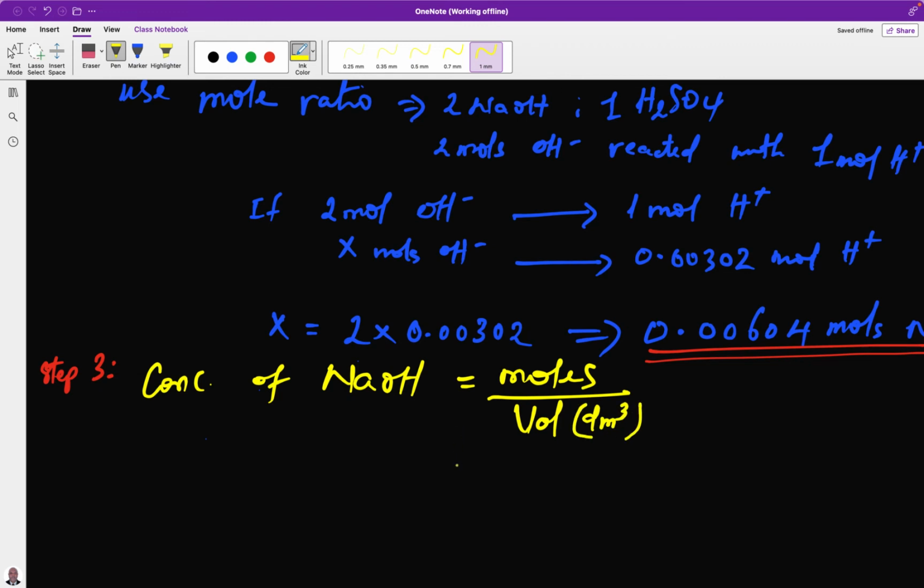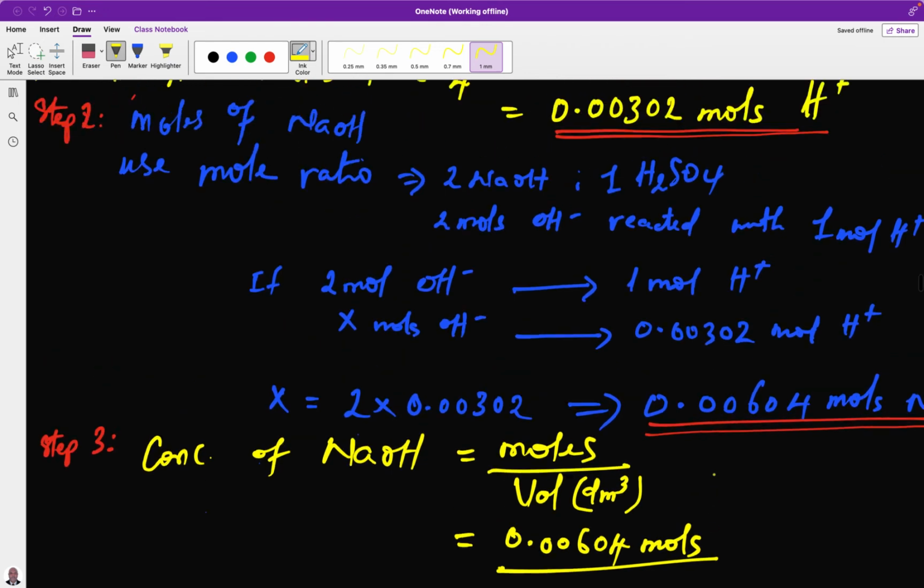The moles of sodium hydroxide that we just got here is 0.00604, divided by the volume.